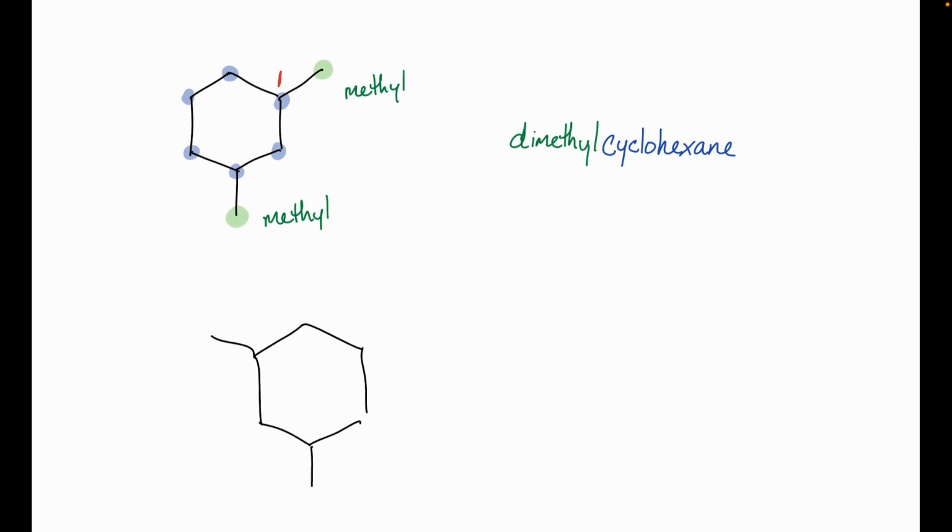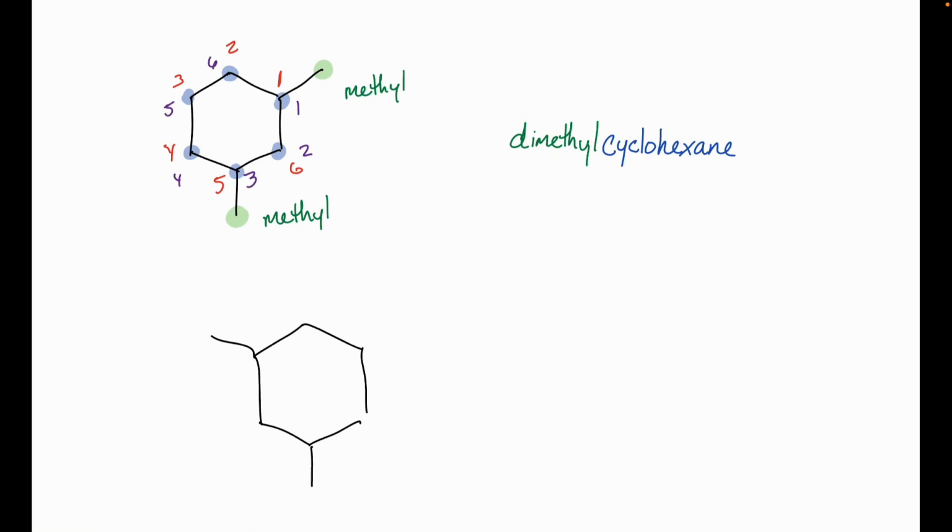So instead, the name of the game is the same thing that we've been doing. We want the lowest possible number for that next substituent. So you can do it both ways. Go clockwise and counterclockwise. So we'll go 1, 2, 3, 4, 5, 6, or the other direction, 1, 2, 3, 4, 5, 6.